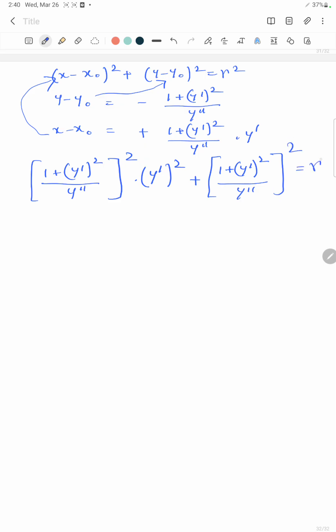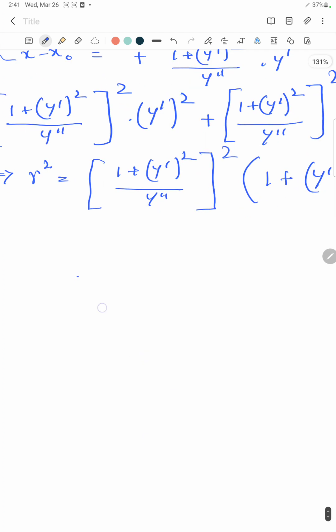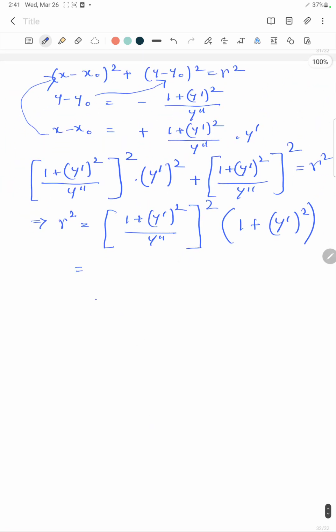So this is equal to r square, and from there we get r square equal to, if we take this 1 plus y dashed square by y double dashed whole square term common, then we will get 1 plus y dashed square here. And so you can just now see that in the numerator there is a term. So let us just try to figure out what this is.